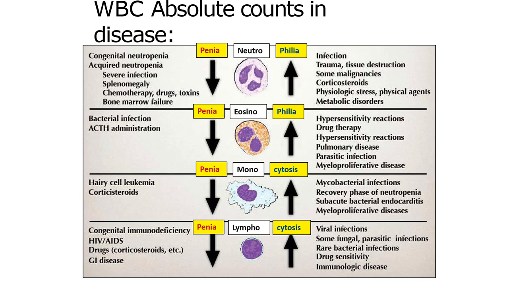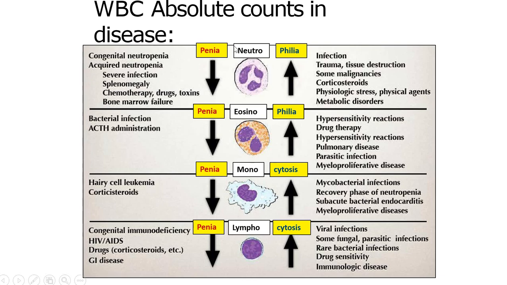So it becomes 90 divided by 100 into 15,000, and there is a cutoff range for each of it which you should know, and when it is above that, it is referred to as absolute neutrophilia. So there is a term called relative neutrophilia, and there is something called absolute neutrophilia.